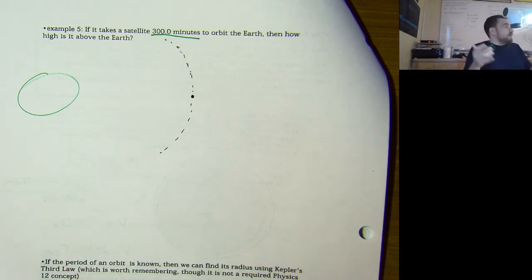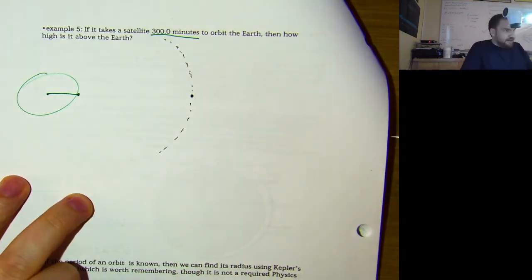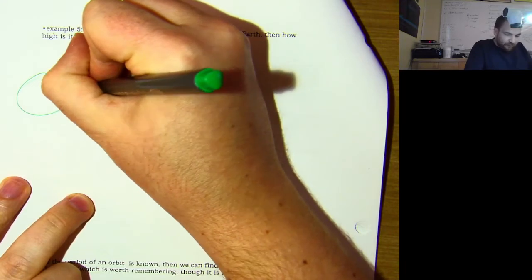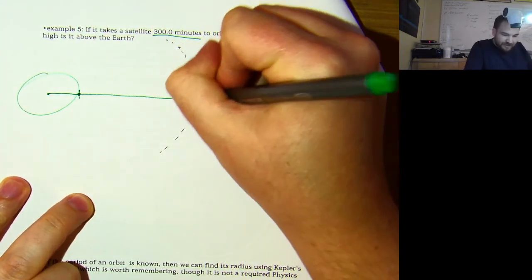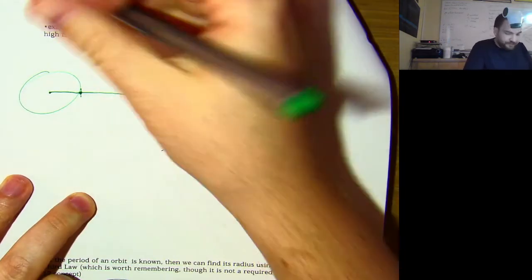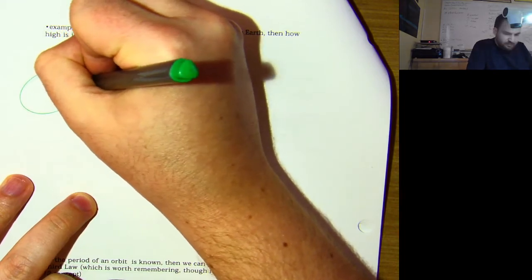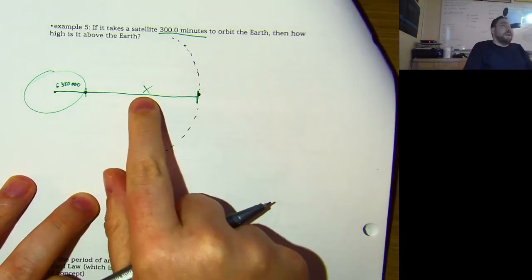All the formulas that we deal with consider the radius of the Earth. So this distance needs to be included. This is what we're looking for, the value we want. We cannot ignore this. This value is 6,380,000 meters. We want X.